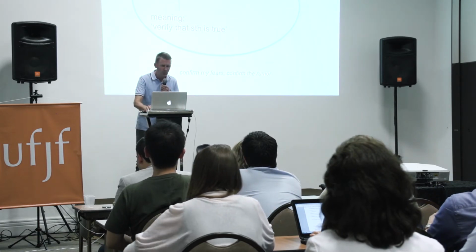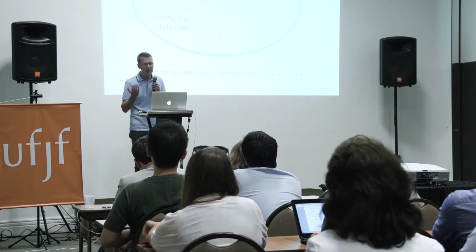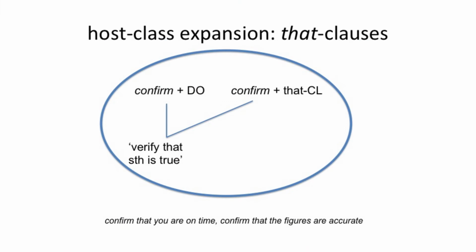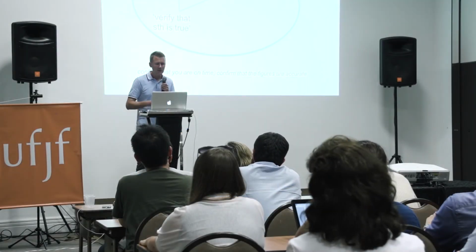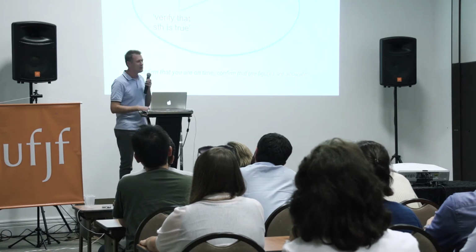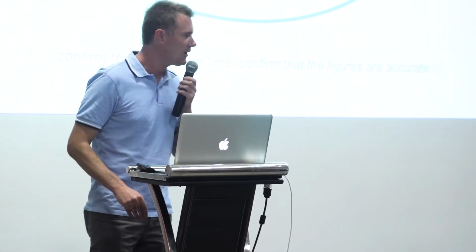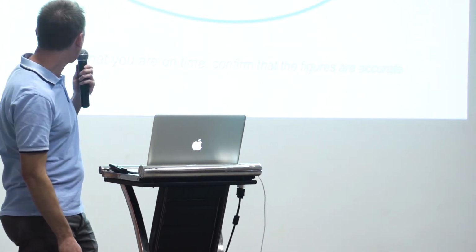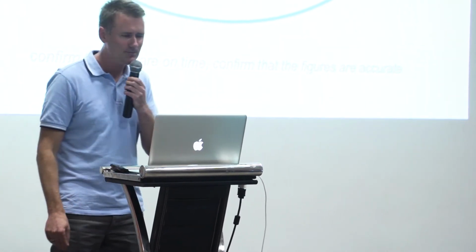And over time, we have corpus evidence that confirm changed its syntactic behavior so that that clauses became much more common with confirm. Yeah, that clauses with confirm are already quite well attested in the 19th century, but they've steadily increased in frequency over the past 200 years. So today, if you're looking for confirm in the corpus, you're much more likely to find something like confirm that the figures are accurate or confirm that you're on time.